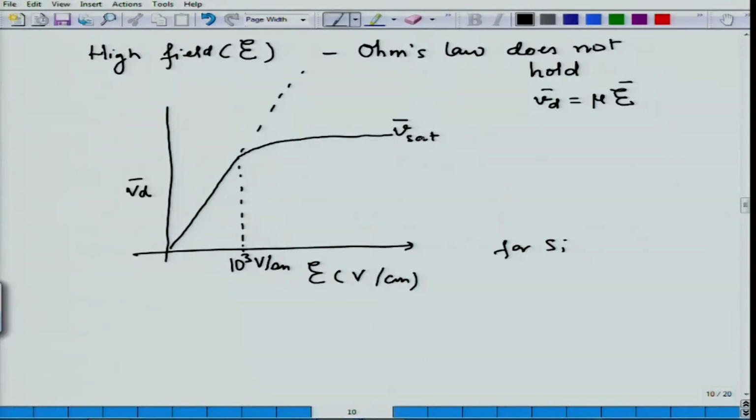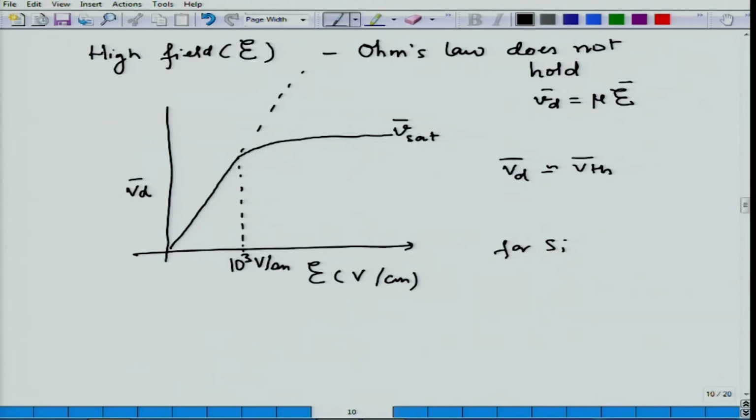This is the limit at which the drift velocity of the electron is approximately equal to the thermal velocity of the electron, which means beyond this field we cannot further increase the drift velocity, and there is a saturation in the drift velocity.